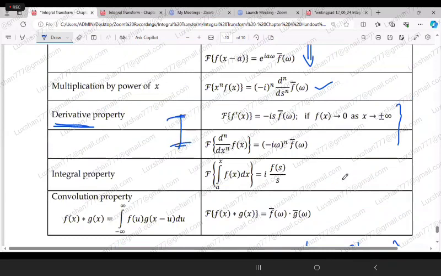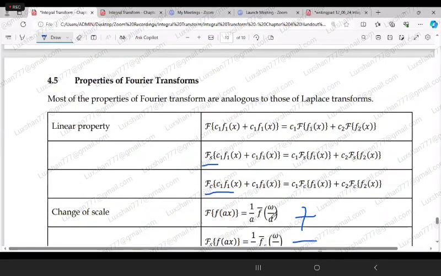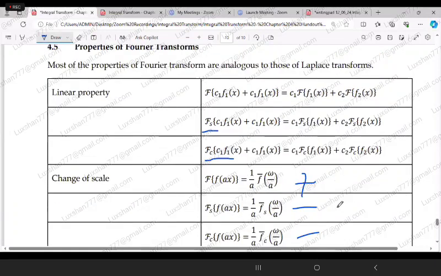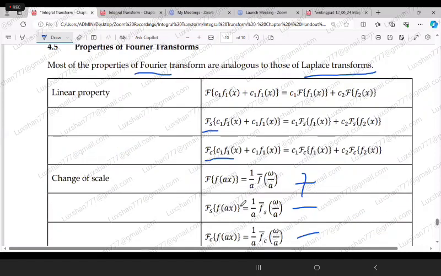Then the integral property and similarly the convolution property. We are not going to prove these, and we will not use them in our questions, but try to understand that these properties exist for Fourier transform, analogous to Laplace transform. Similar to Laplace transform, we have a few properties.